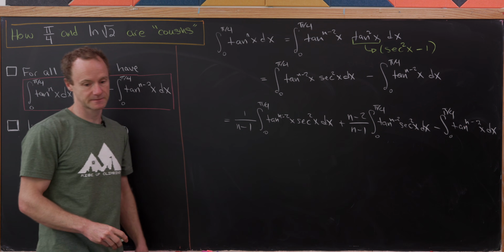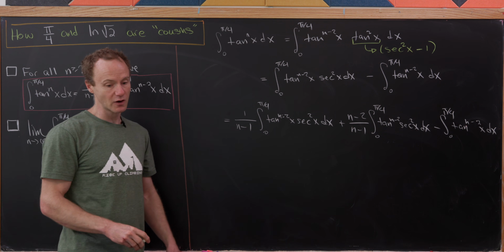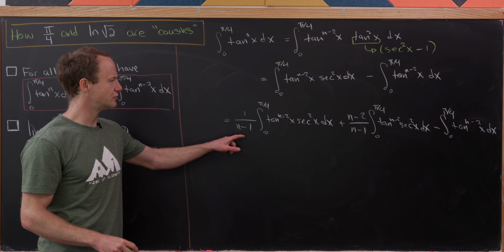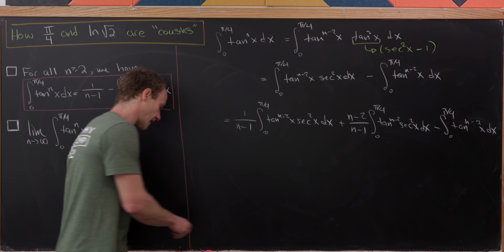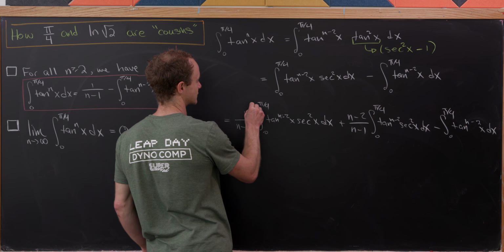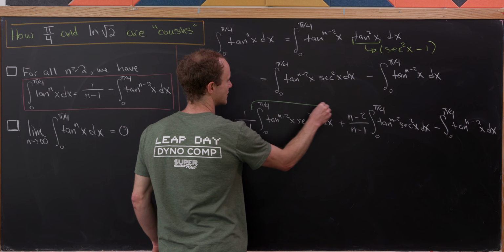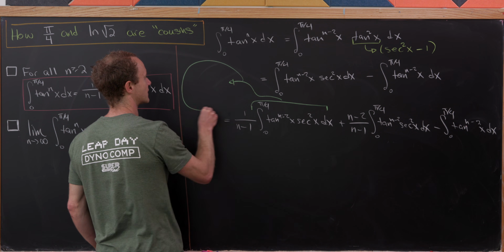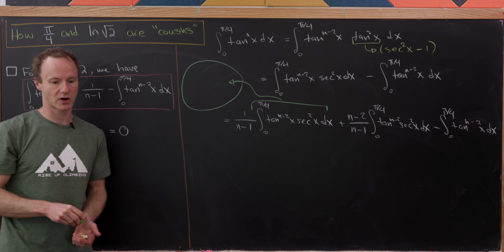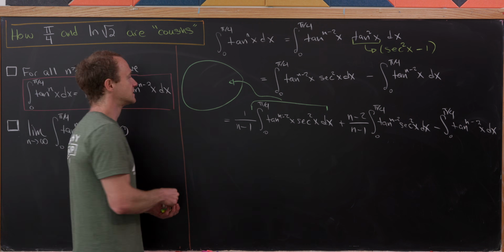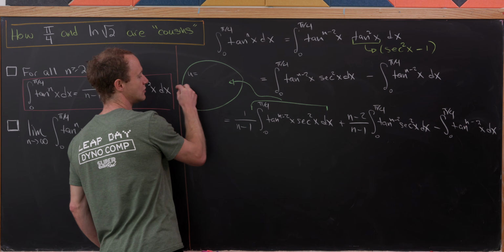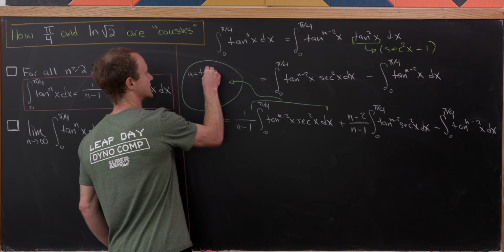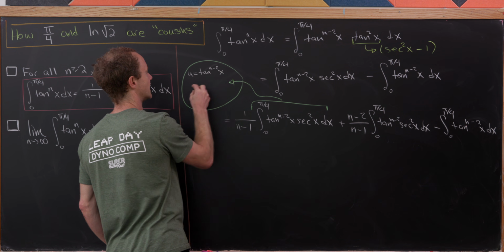Okay, nice. From here, what we'll do is an integration by parts on this first integral. So let's do an overline of green here, and then we'll bring this over to our little integration by parts calculation. Here I'll set u equal to the tangent to the n minus 2 of x.